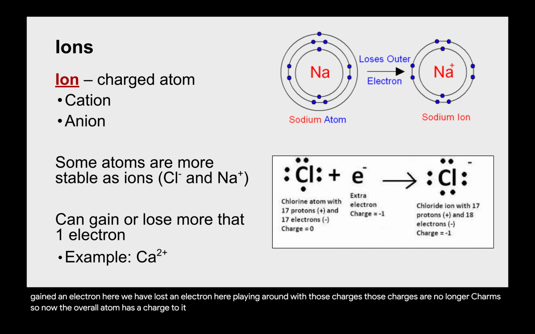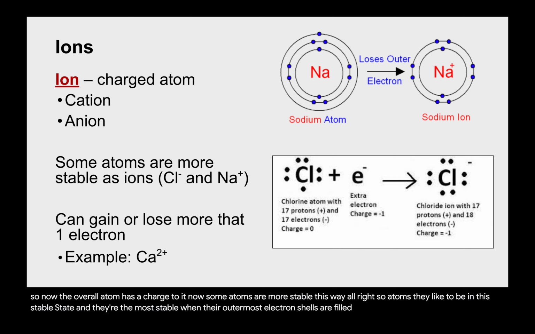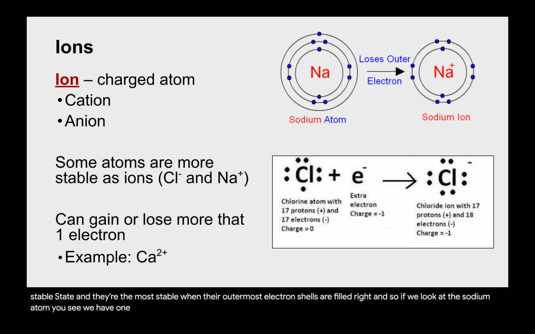Now, some atoms are more stable this way. Atoms like to be in a stable state, and they're most stable when their outermost electron shells are filled. If we look at this sodium atom, we have one single electron in the outermost electron shell, and that shell is definitely not filled.